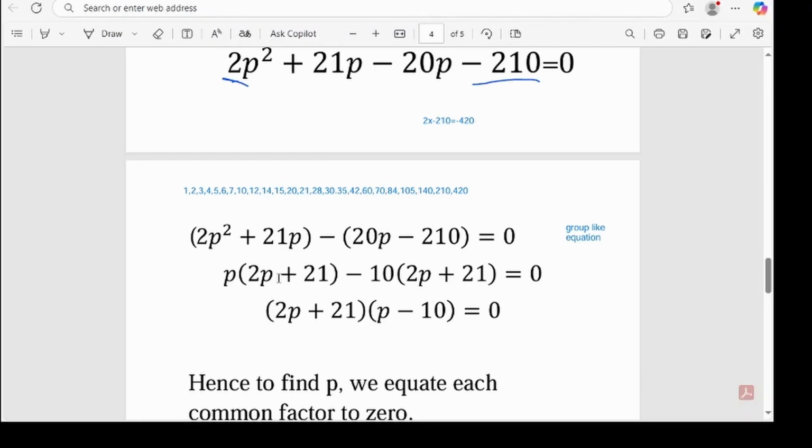This common factor, 2p plus 21, must be equal to the common factor on the other side.